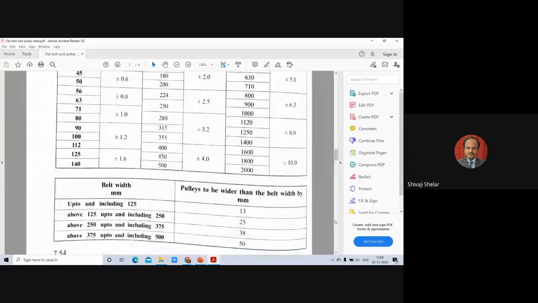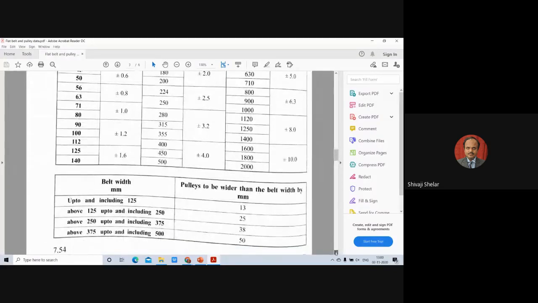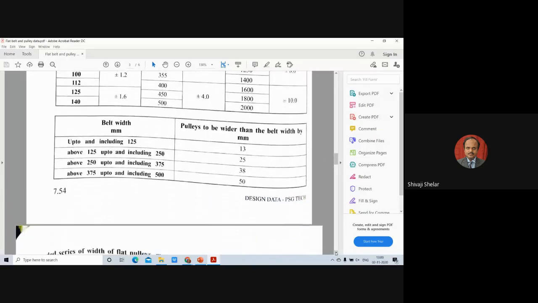Here you can see this table. Depending upon the belt width, you need to have your pulley width greater than the belt width by this amount. Say, if your belt width is less than 125 mm, then add 13 mm so that we get the pulley width.